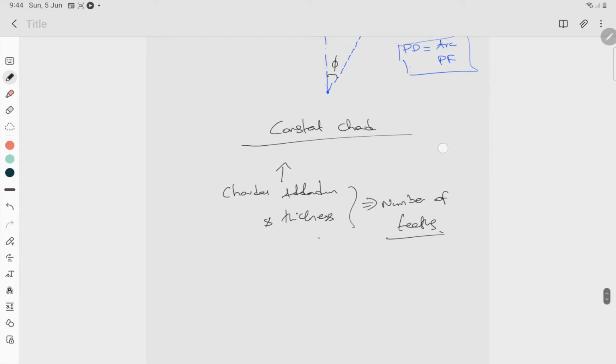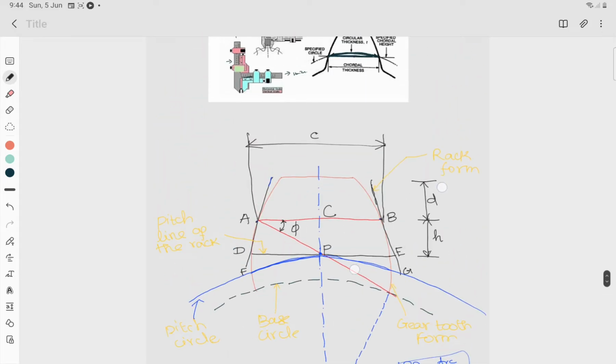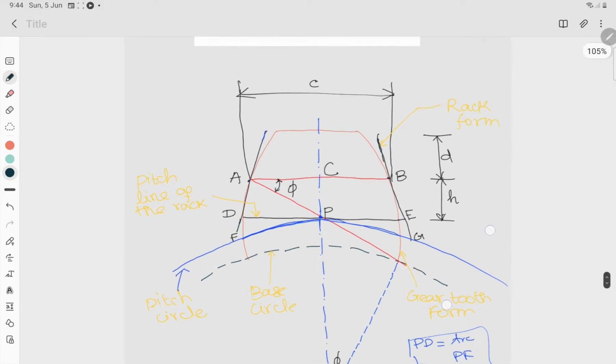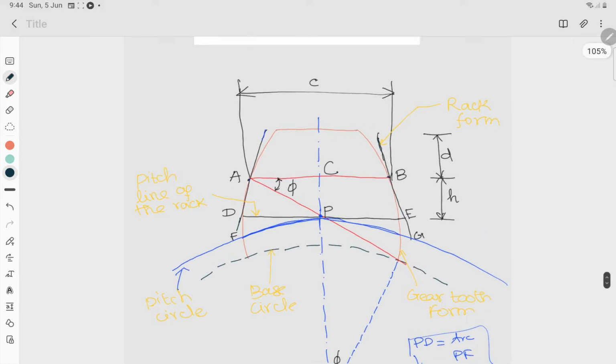Now let's understand what the constant chord is with respect to this diagram. This orange color is the gear, and this black color line is nothing but the rack, as it is written here, rack form. These two gears engage.